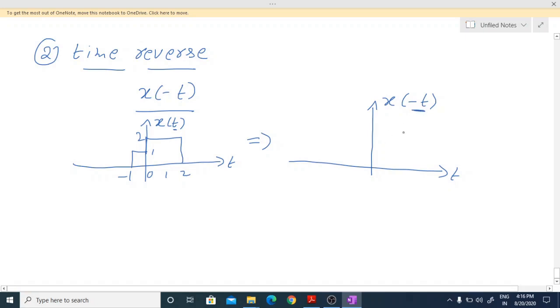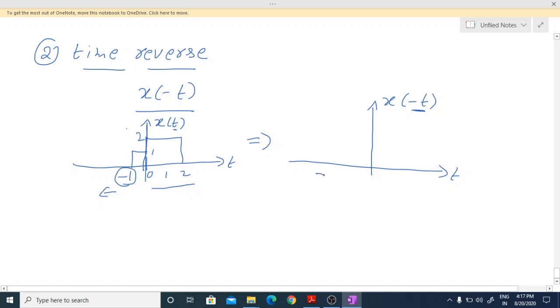That means whenever you do the reversal about the center position, the 0th position, the t values on the right side will be moved to the left side, and the left side t values will be moved to the right side. What does that mean? In the original signal, the t's that are positive will become negative, and the time values that are negative will become positive, simply flipping.